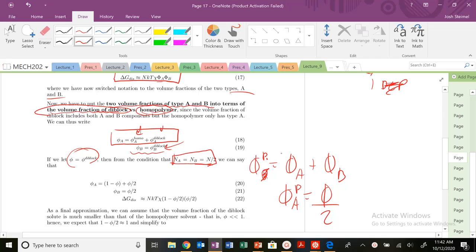Hopefully you can convince yourself of that. We're just making these substitutions here. The homopolymer is going to be everything else: phi is now our volume fraction of the diblock, so the homopolymer is just 1 minus phi.